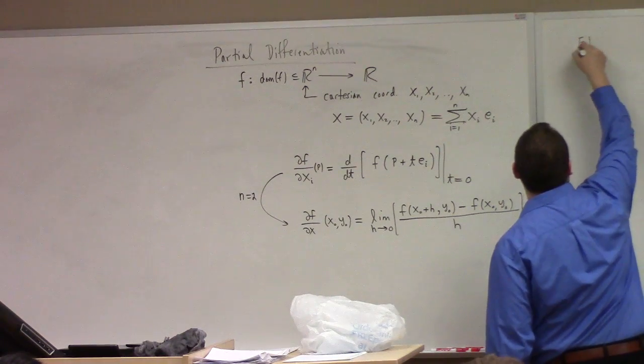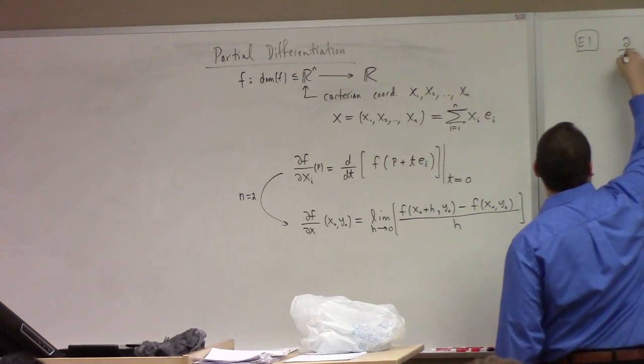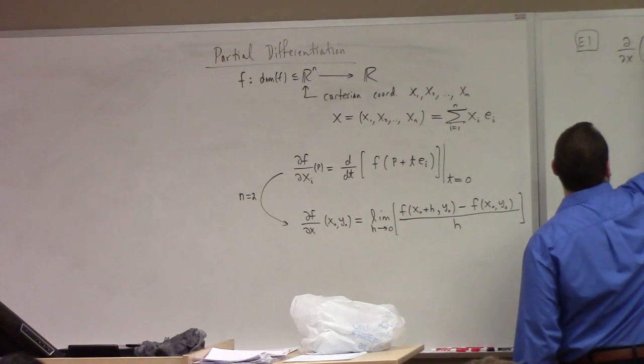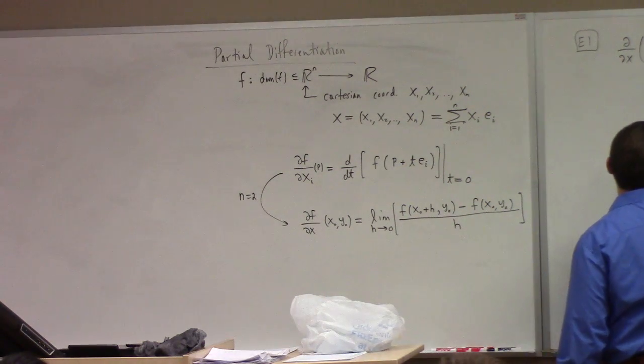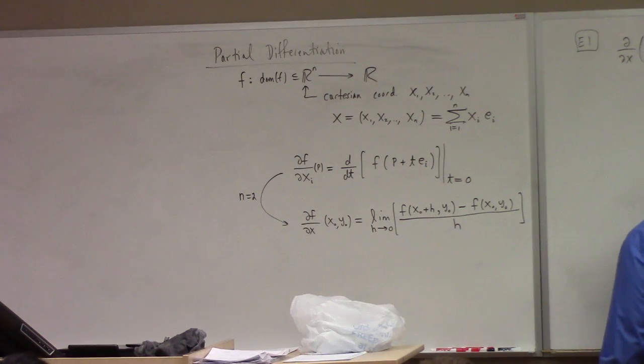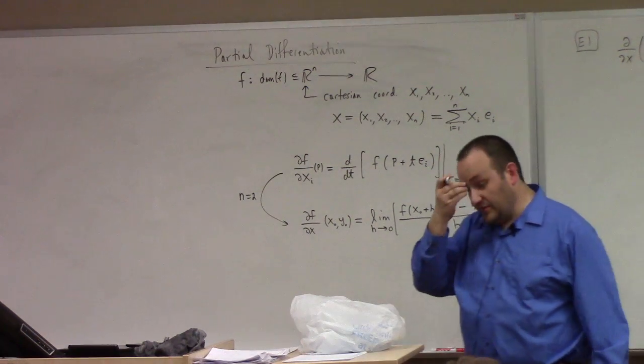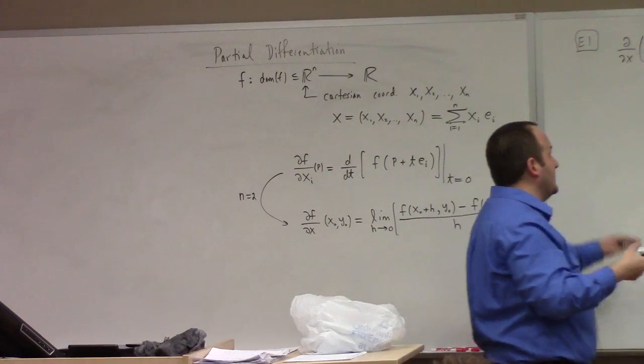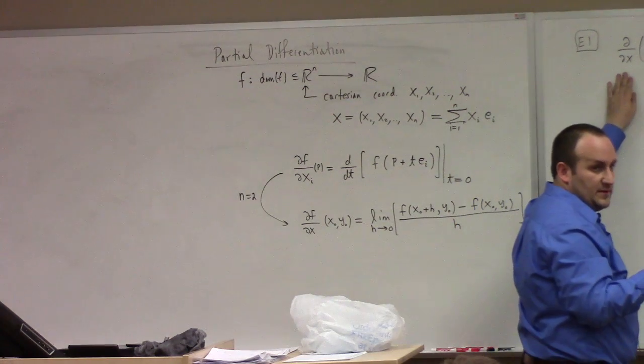Example 1. Partial x of x squared y plus x plus y. The reason that we use partial instead of d is because there are several variables.